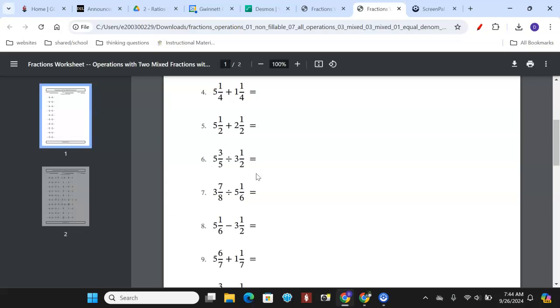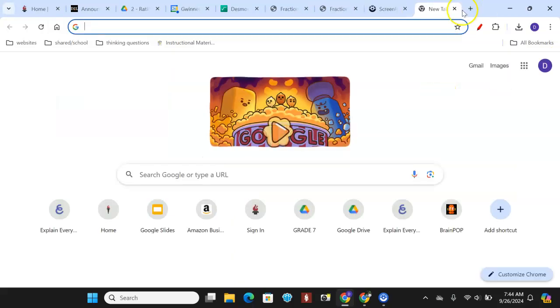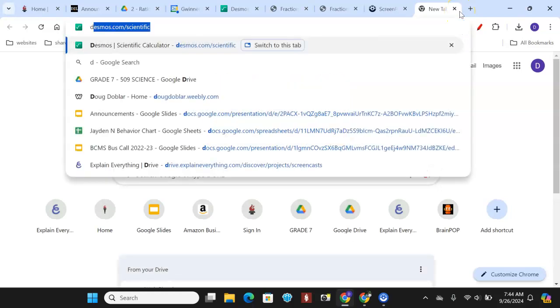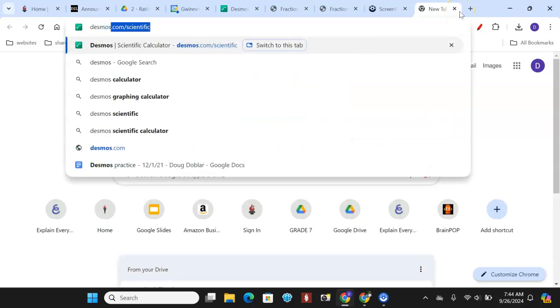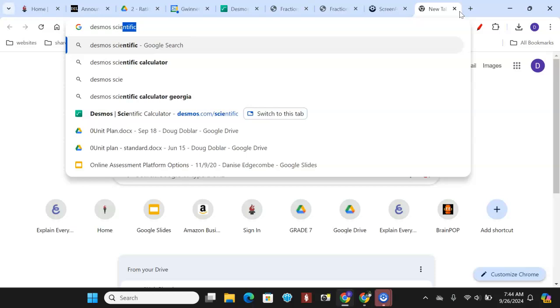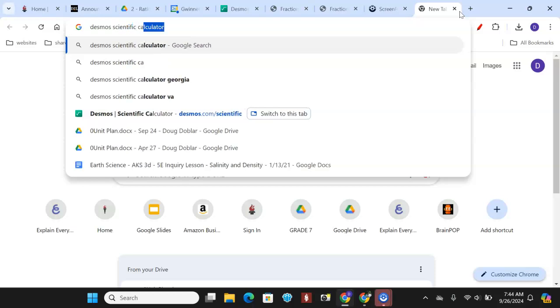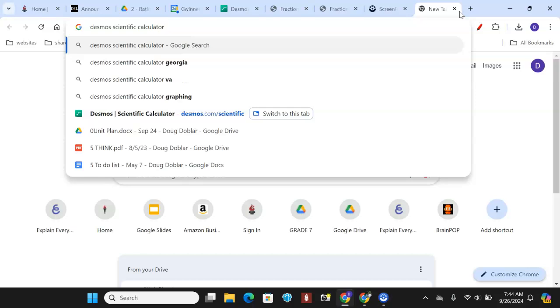Okay, so where's the calculator? Here's how you find it. You're just going to open a tab somewhere, and it's called the Desmos, D-E-S-M-O-S, scientific calculator. Desmos scientific calculator. You do have to put scientific because Desmos makes lots of cool calculators, and that's the one you want.